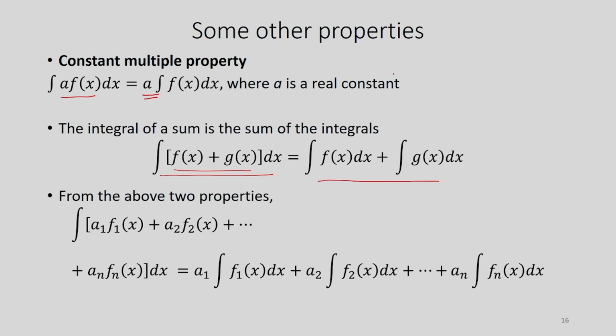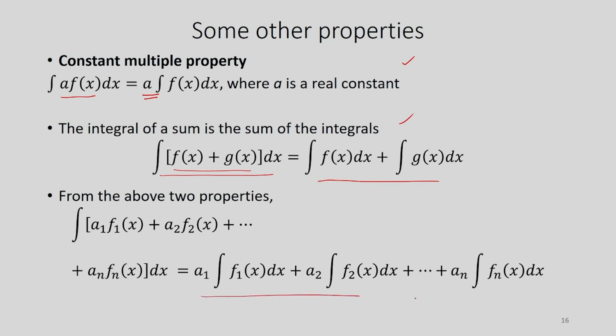And if we combine this property with this property, we get a third property, which is integration of a1 f1(x) plus a2 f2(x) plus so on. Let us say the last term is an fn(x), and whole thing dx.